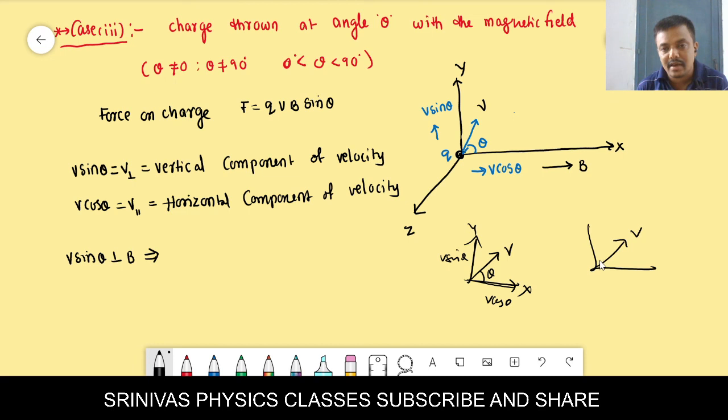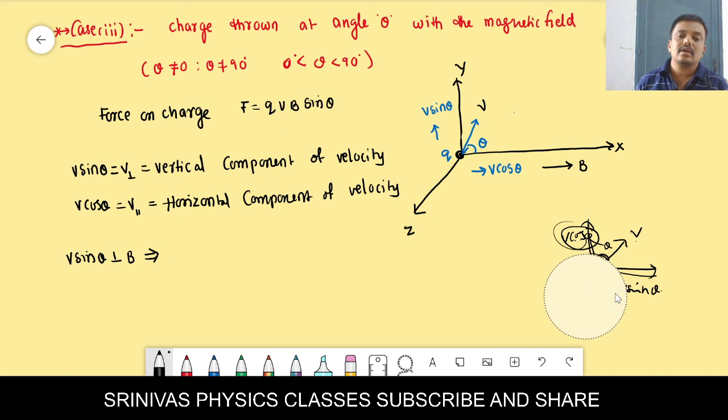A very simple resolution to remember: the component attached to the angle you get by multiplying v with cos theta, and the other component you multiply with sin. Here also, resolving v into components, the component attached to the angle is v cos theta, and the other one is v sin theta. If attached to the angle, multiply with cos, and the other one with sin.